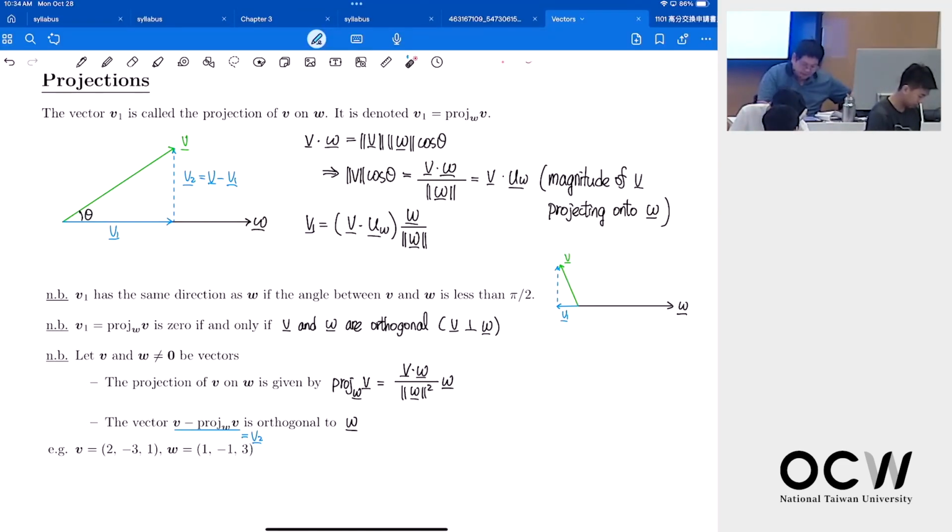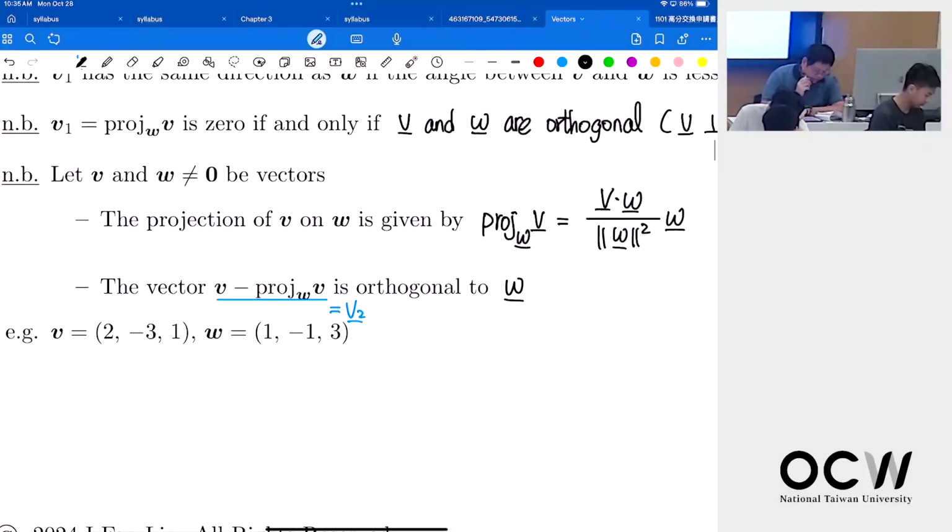So let's see this example. We have two vectors.